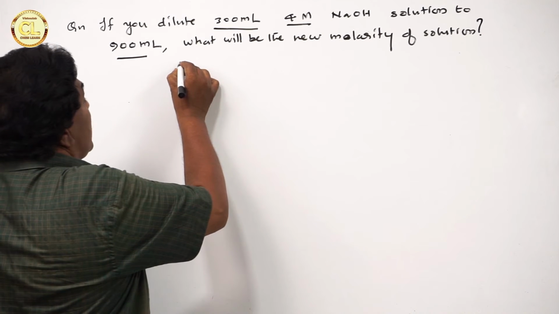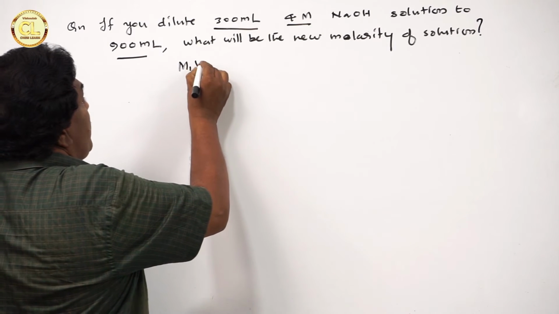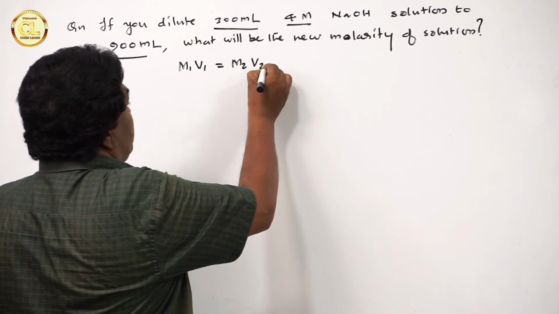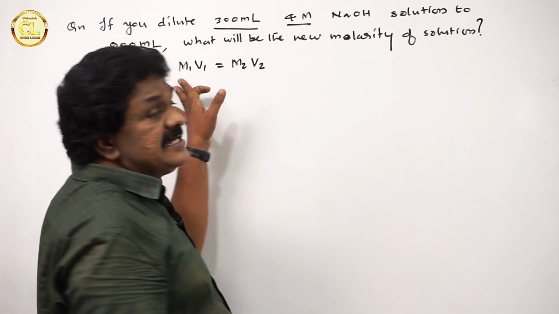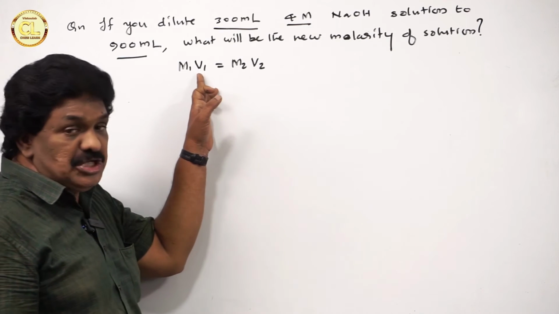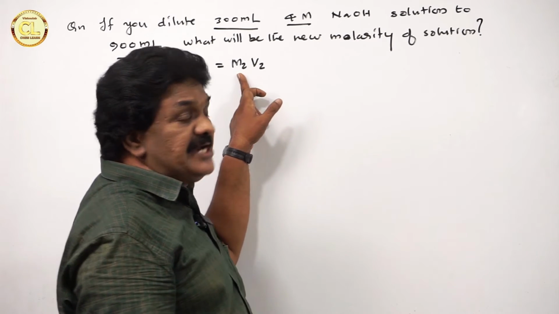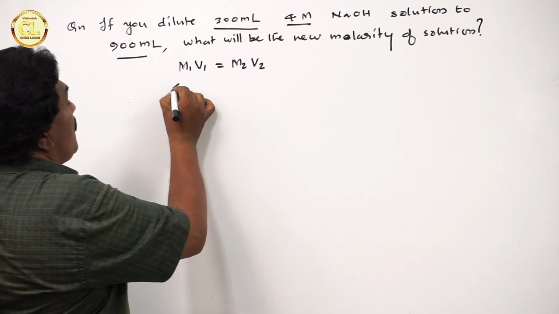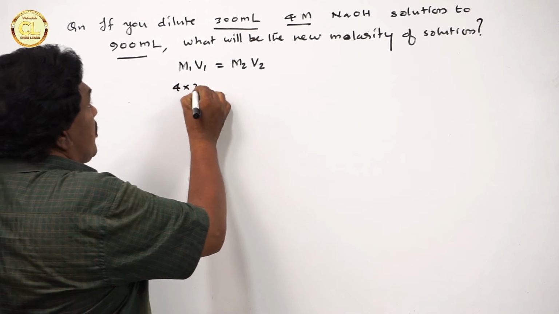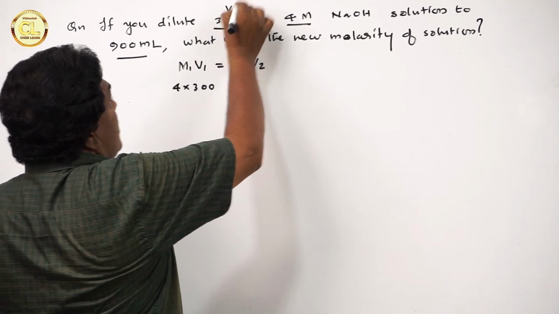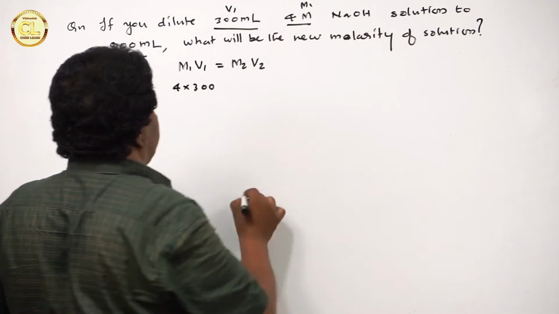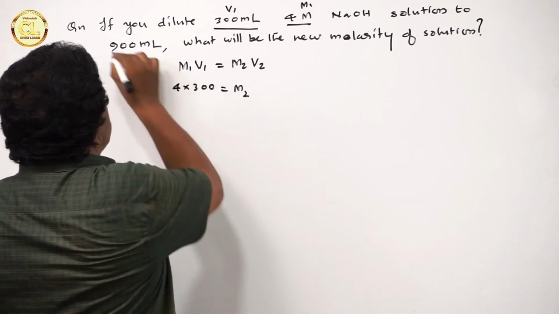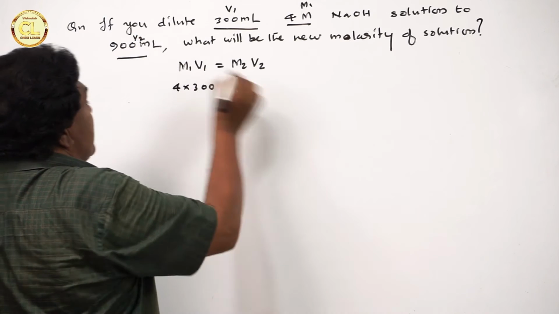For doing this problem, we can use the formula M1V1 is equal to M2V2, where M1 is initial molarity, V1 is initial volume, M2 is final molarity and V2 is final volume. Substituting the values, 4 into 300 is equal to M2, which is to be determined, into 900 milliliter.